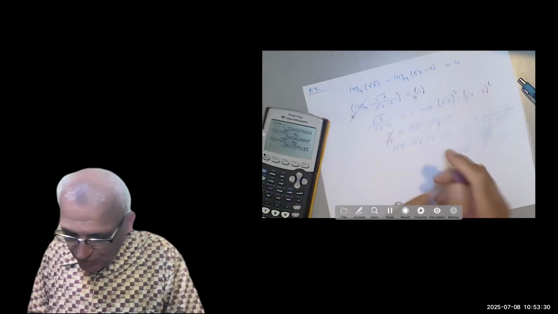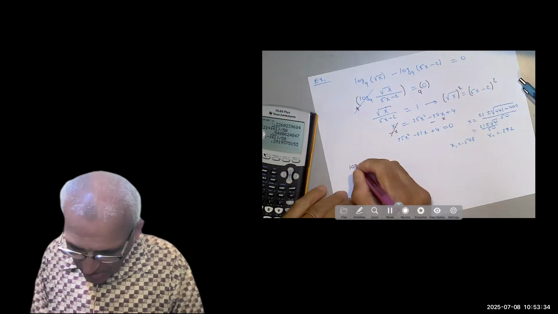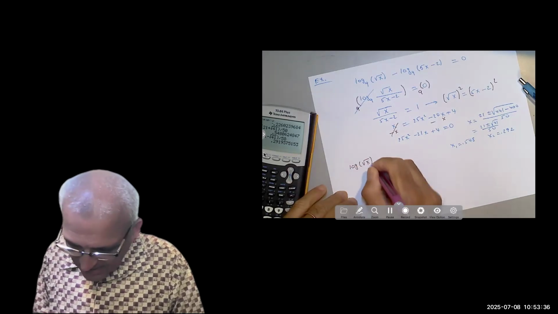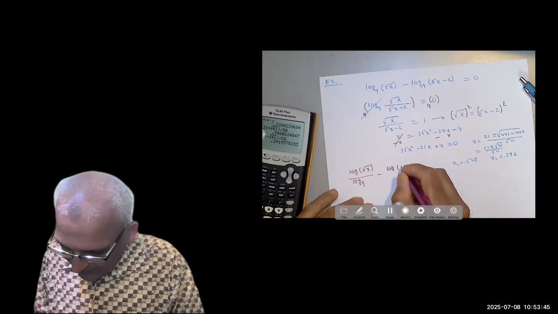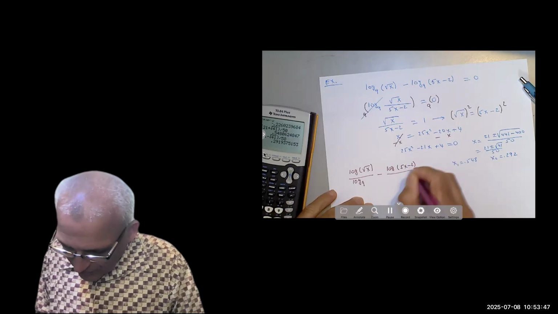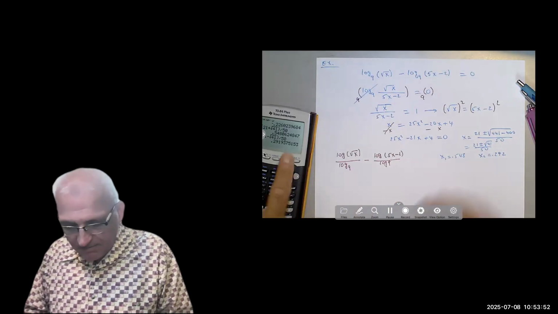So unfortunately, you have to do, say, log of square root of x divided by log of 9 minus log of 5x minus 2 over log of 9 and see if they are the same.